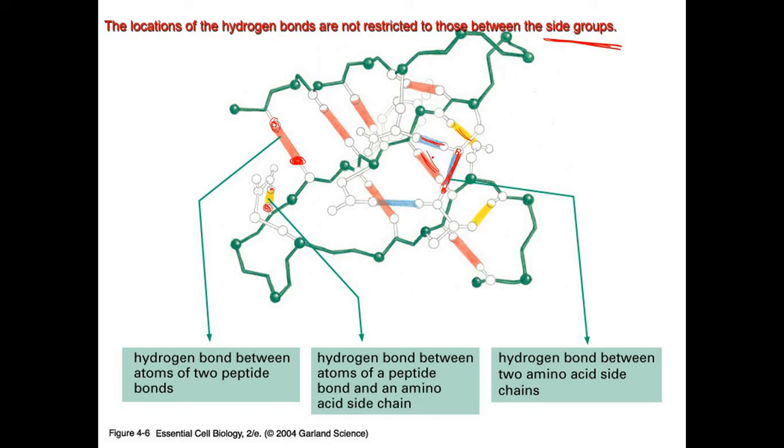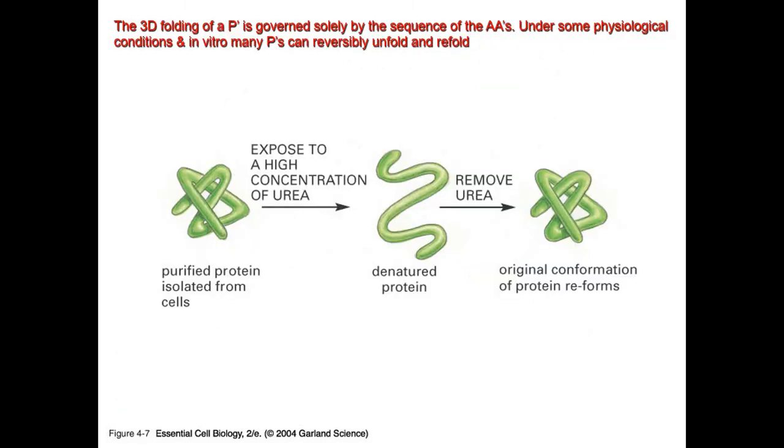These are hydrogen bonding of different components. So you have hydrogen bonding from peptide bonds, you have hydrogen bonding from only side chains, and then you have hydrogen bonding from the peptide and its hydrogen bond partner is from the side chain. Okay? So these hydrogen bonds actually form the secondary and the tertiary structure of a protein.